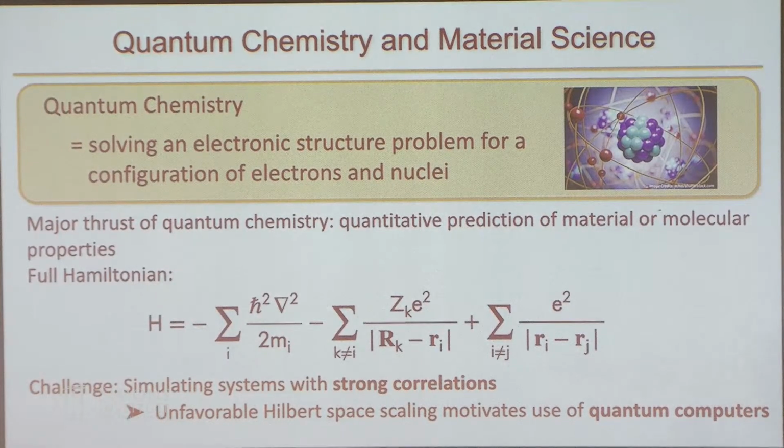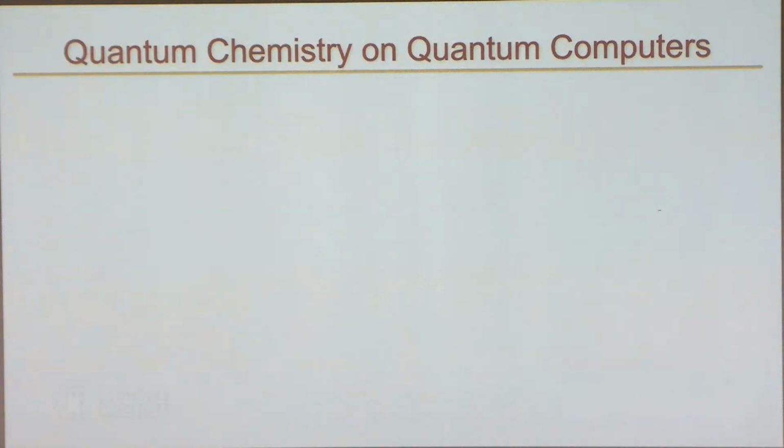And I'm sure that many of you had similar reactions. So the question is, where can one actually potentially get some advantage from a quantum computer? The most obvious answer, not the only one, is if we have strong correlations. And that's where we basically do this.